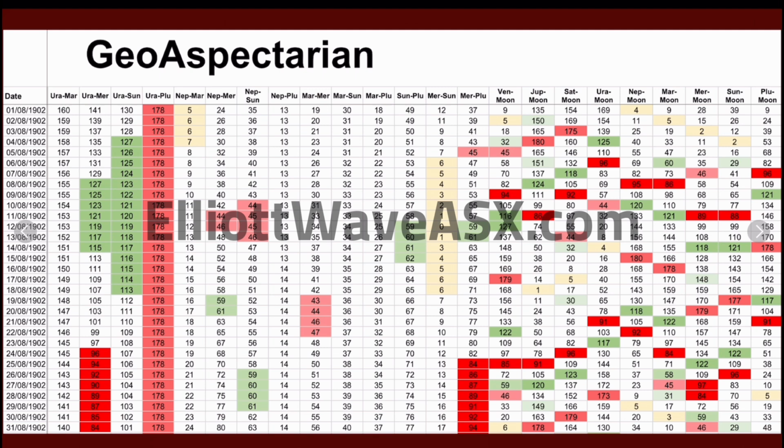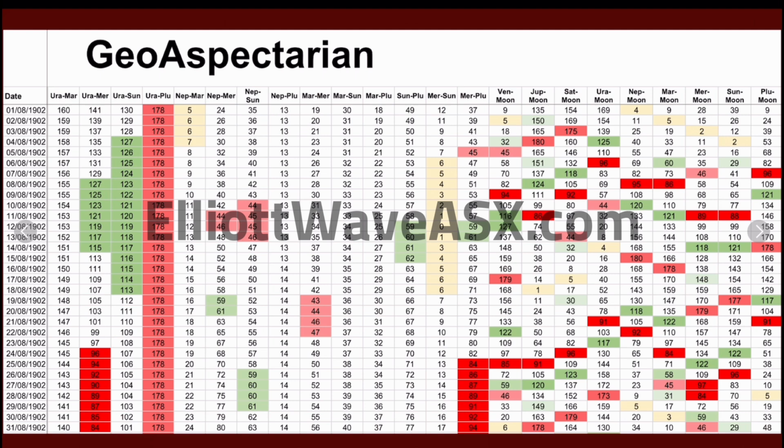And what you can do is either scroll through this Aspectarian and look for important combinations, and then look to stock market charts to see if there was any important activity or turns around that time, or indeed you could look at various instruments, stock market, shares, commodities, currencies, etc., find important highs or lows, or indeed large price movements, because it's not always the exact high and low that you need to look for.